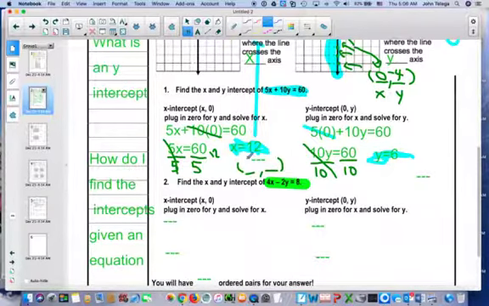Ordered pairs, coordinate pairs are kind of synonyms. The x would be 12, right, and the y would be 0. And over here, the coordinate pair would be, the x would be 0, and the y would be 6. Okay, so those would be where I would graph those.